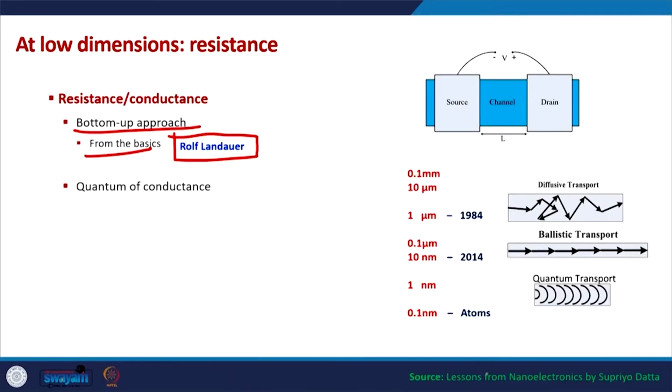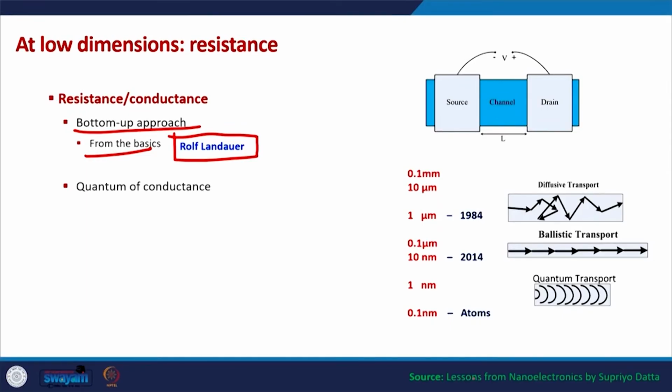Later on this field was developed by many pioneers, and in recent times Professor Supriyo Datta and Professor Mark Lundstrom are the ones who have given a good formalism, or a detailed description of this bottom up approach in their works. And part of this course borrows from their approach.